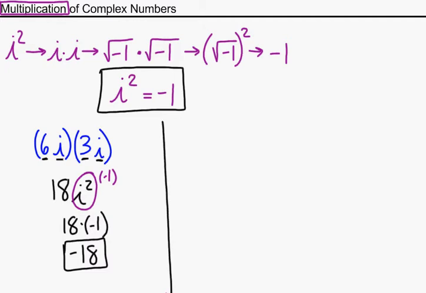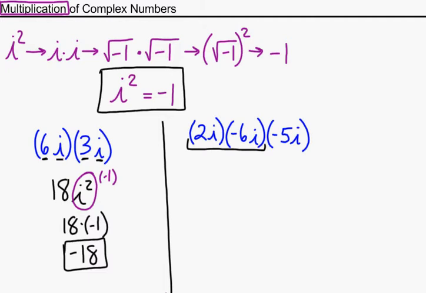I can extend this same sort of reasoning to a more complicated problem that has 3 parts to it, like 2i times negative 6i times negative 5i. I'm going to take this in chunks. First thing I'm going to do is multiply 2i times negative 6i, which would give me negative 12 when I multiply the real parts together, and i squared.